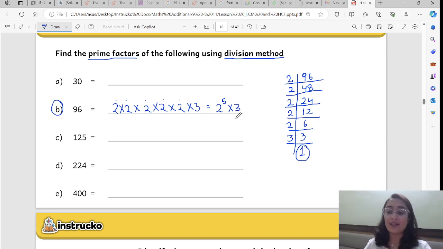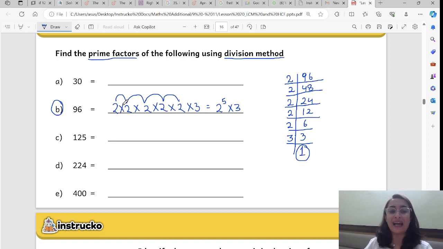Now again, let's cross check our answer, whether the prime factors that we have got are correct or not. Like I said, for that you need to multiply and see. So let's multiply. 2 multiplied by 2 is 4. 4 multiplied by 2 is 8. 8 multiplied by 2 is 16. 16 multiplied by 2 is 32.